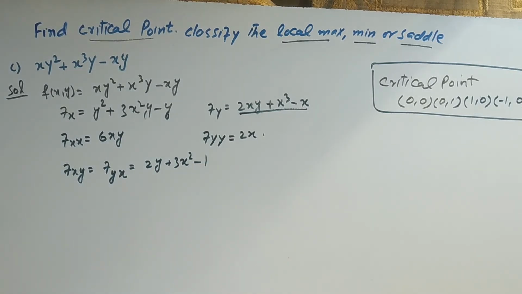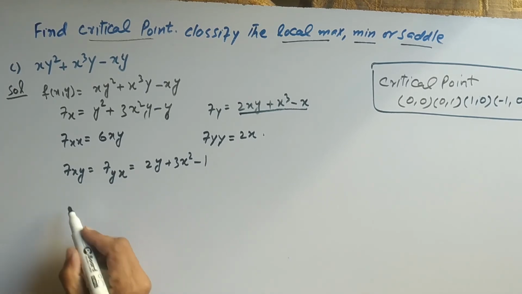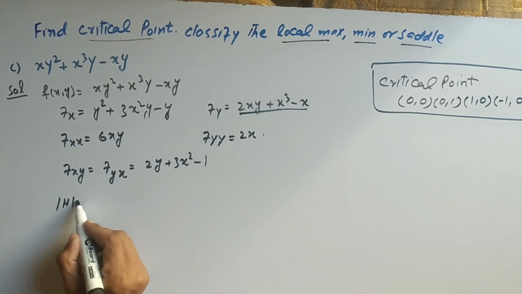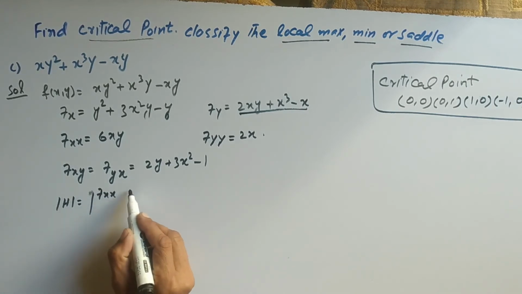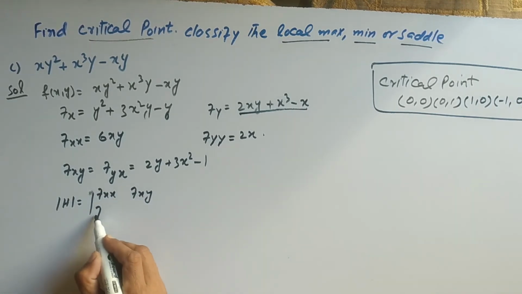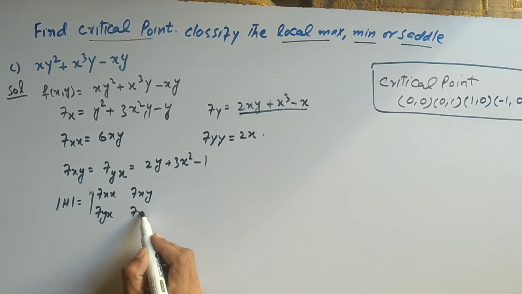Now first of all, take the Hessian method. Hessian, that is f double x, f of xy, f of yx, and f double y.